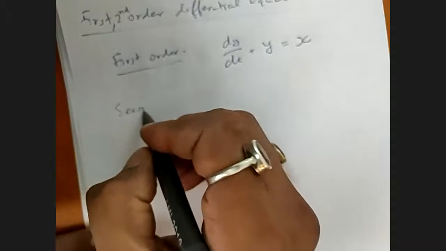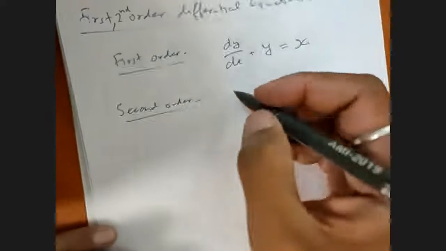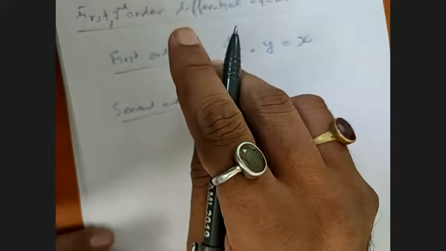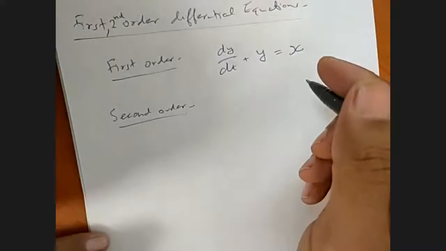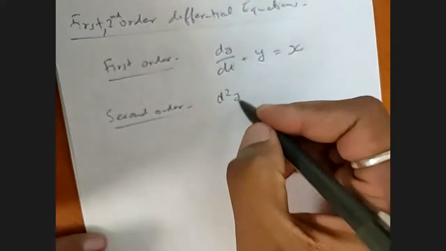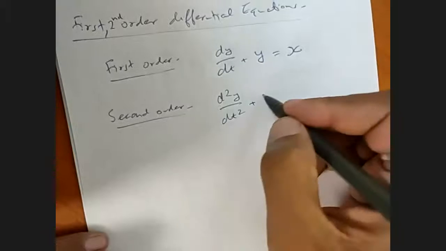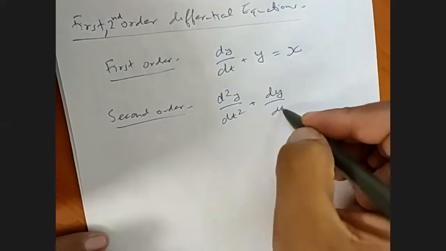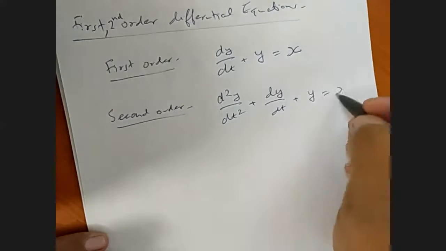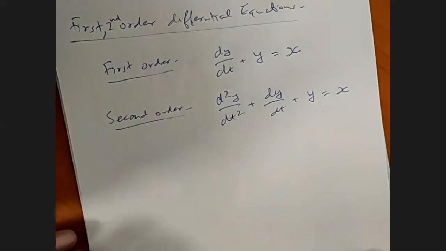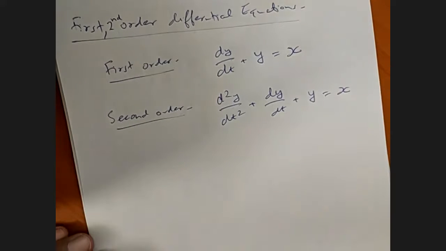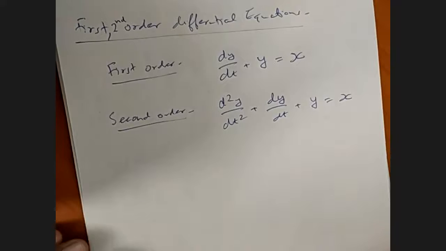And when we are talking about second order differential equation, it is d square y by dt square plus dy by dt plus y equal to x. These are your first and second order differential equations.